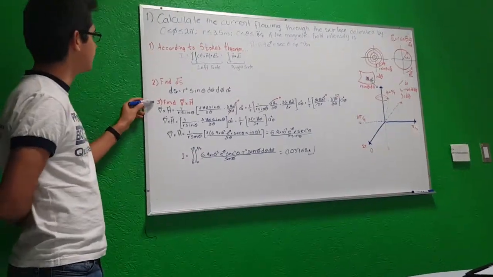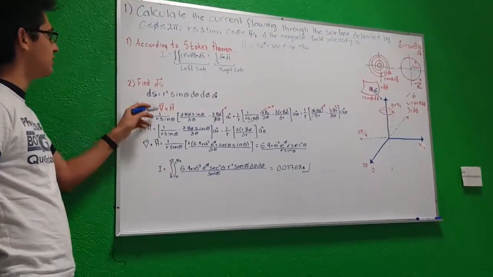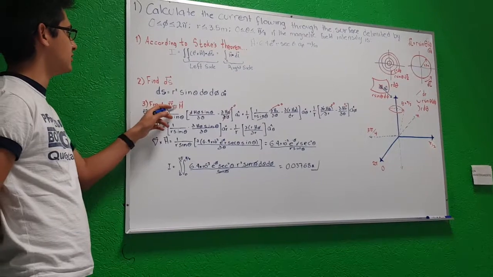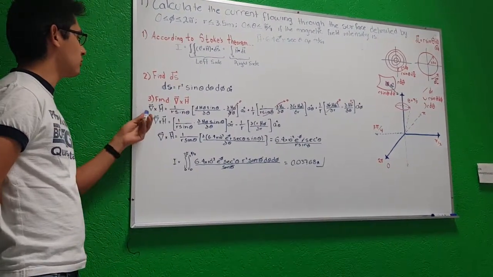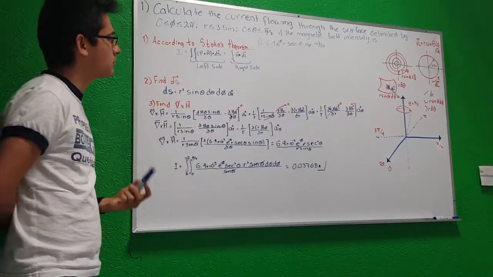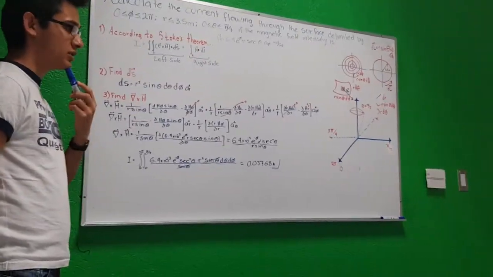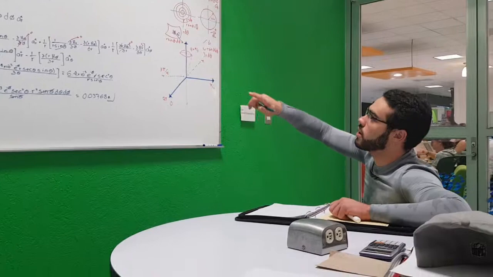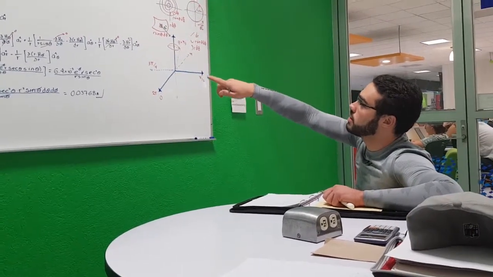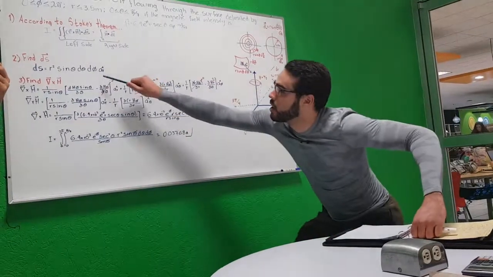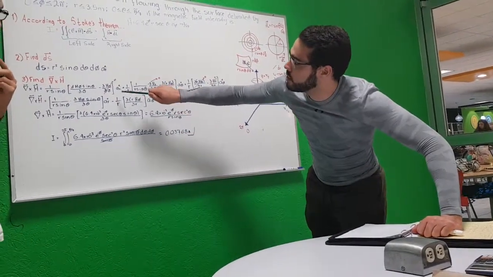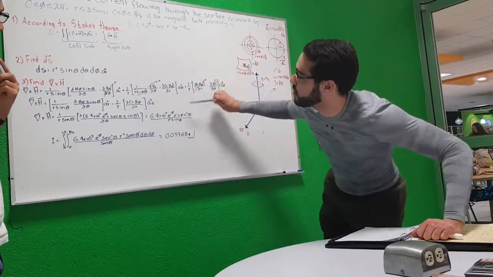Okay. And the third step is find the partial derivative and cross product with H. We have to do it. One question. Tell me. If I'm gonna do the dot product, and this one just has a component on r, could I just use this one and not do this whole thing?